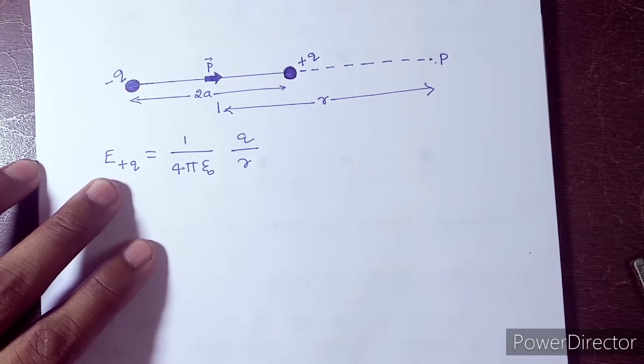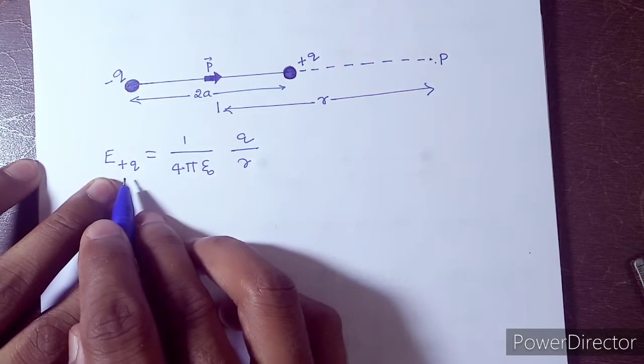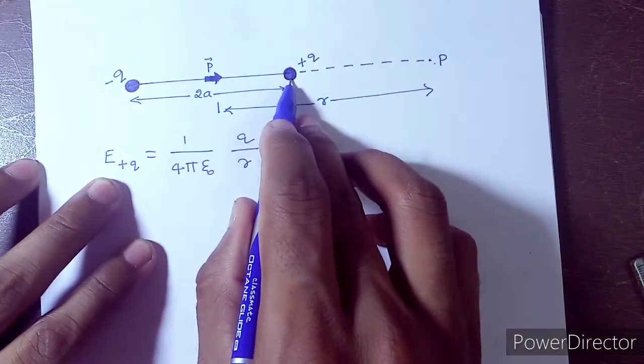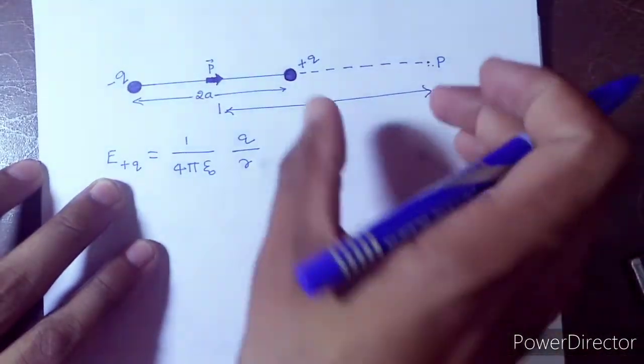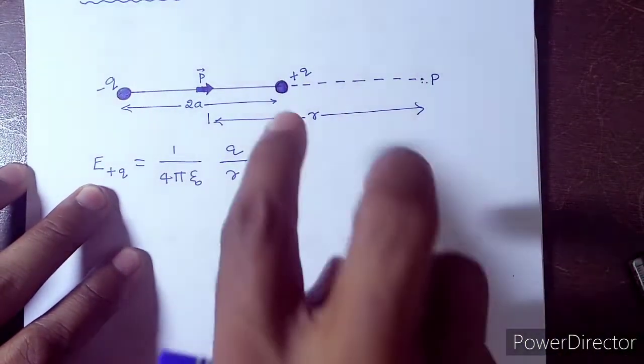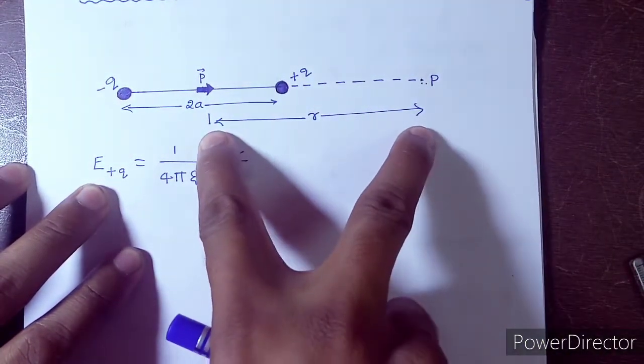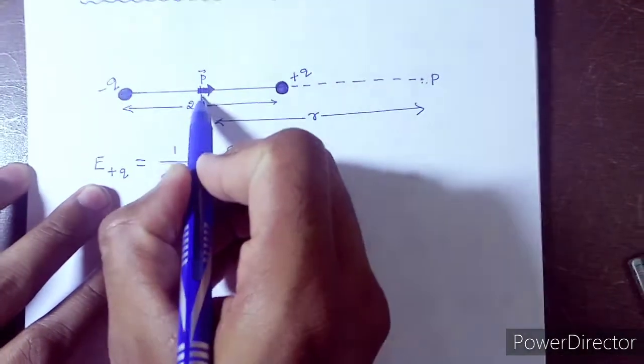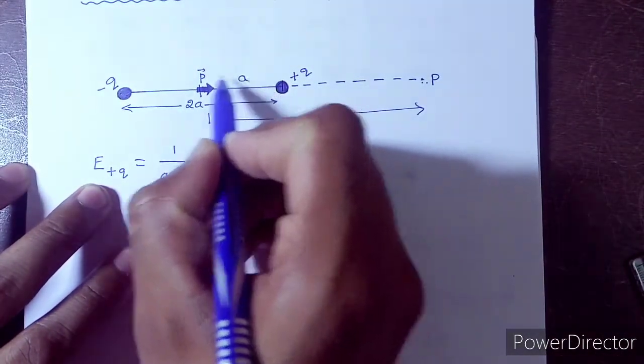So which distance I have to consider? Since the electric field is due to plus Q charge at this particular point, I have to consider this distance. So this distance will be R minus A, because the distance from here to here is A.